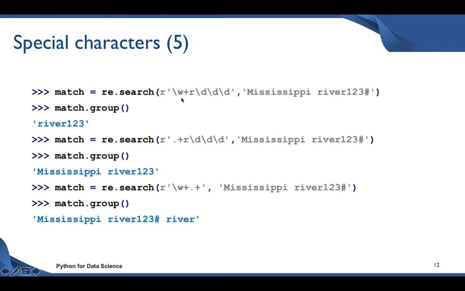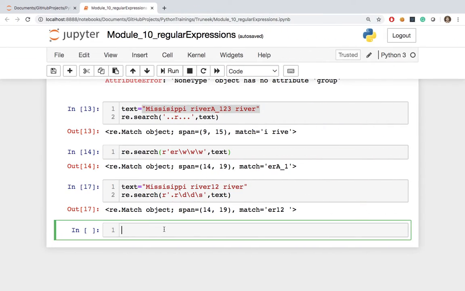If I write only \w, it will only try to find E, but if I specify plus, it will go through your whole string. If there was no space here, then it would find the whole string. So let us try to visualize this and understand it.